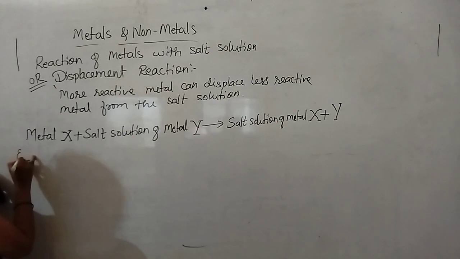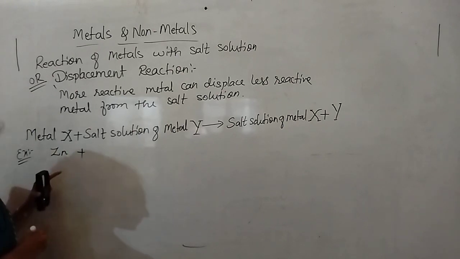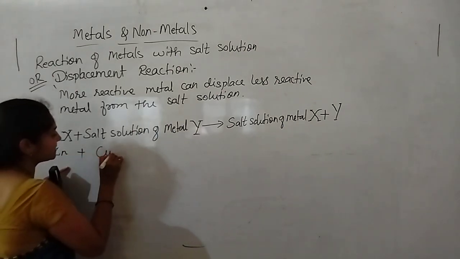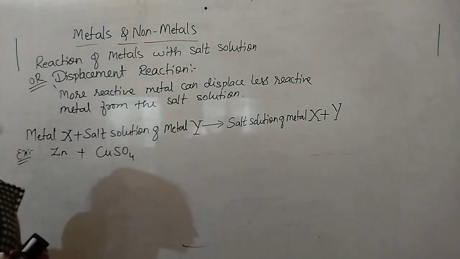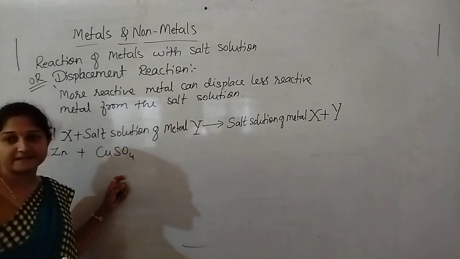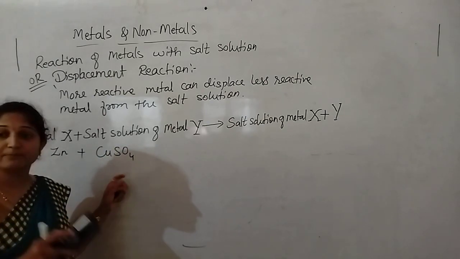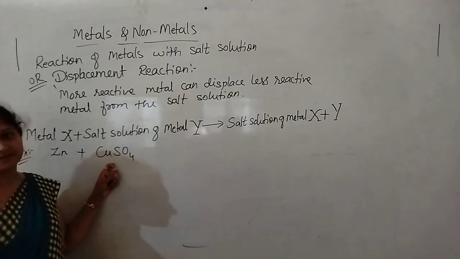Let us take an example. I am going to consider the metal zinc. When this zinc reacts with the salt solution of a metal, copper sulfate. I told you what the salts are: sulfates, phosphates, carbonates. These are salt solutions.